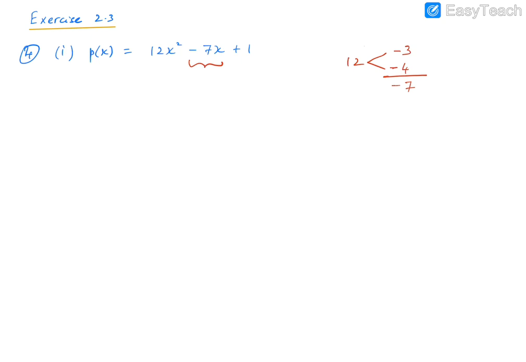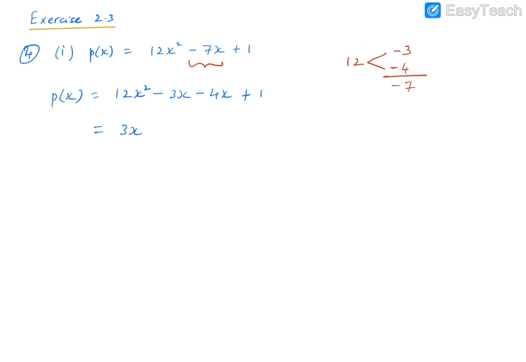So we will write this as p of x equals 12x squared minus 3x minus 4x plus 1. Once we have this, we can simplify it by taking a common term. What is the common term we can take here?